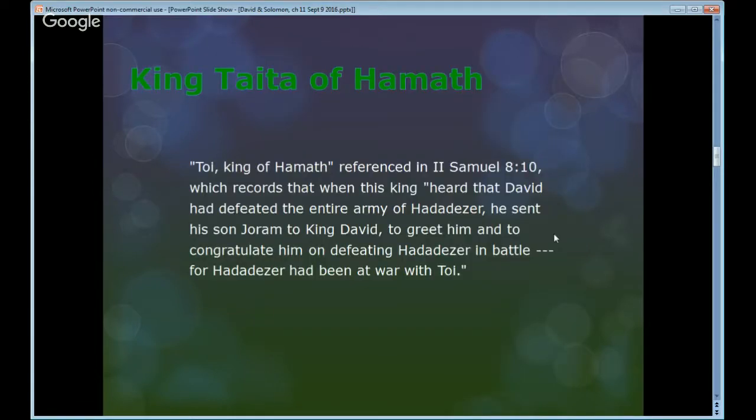Now, another evidence that we have for the biblical record regards Toi, the king of Hamath. He is referenced in 2 Samuel 8:10, and archaeological excavations within the last 20 years have uncovered this King Taita of Hamath.